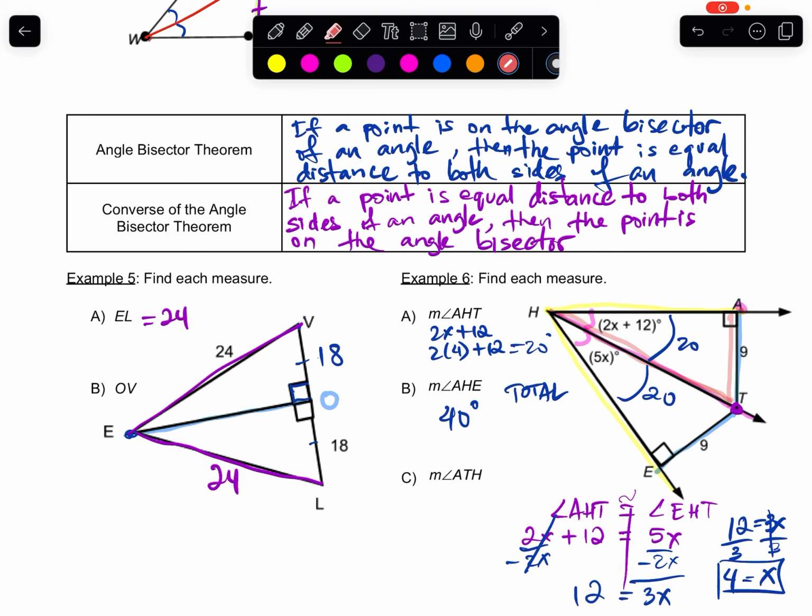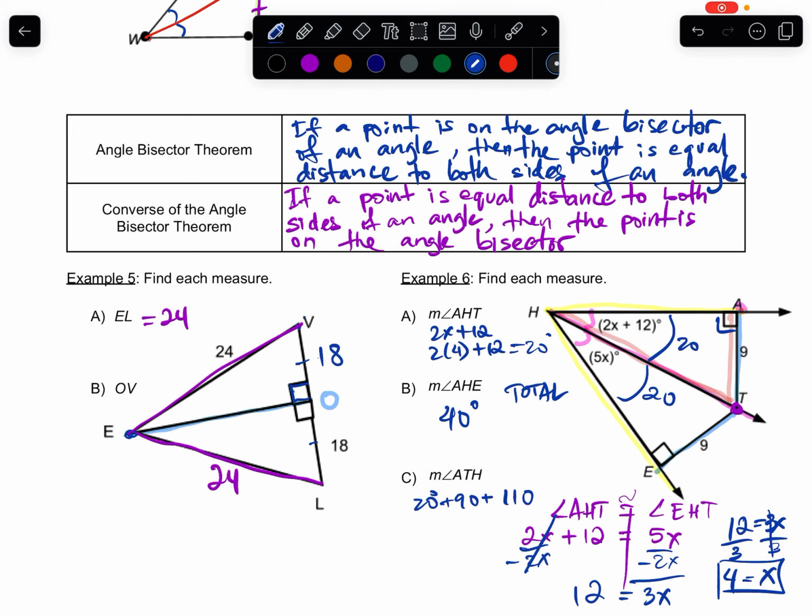I know that angles inside of a triangle add up to 180. So I know that one of the angles is 20 degrees, and my other angle is that 90 degrees right here. So 90 plus angle ATH.